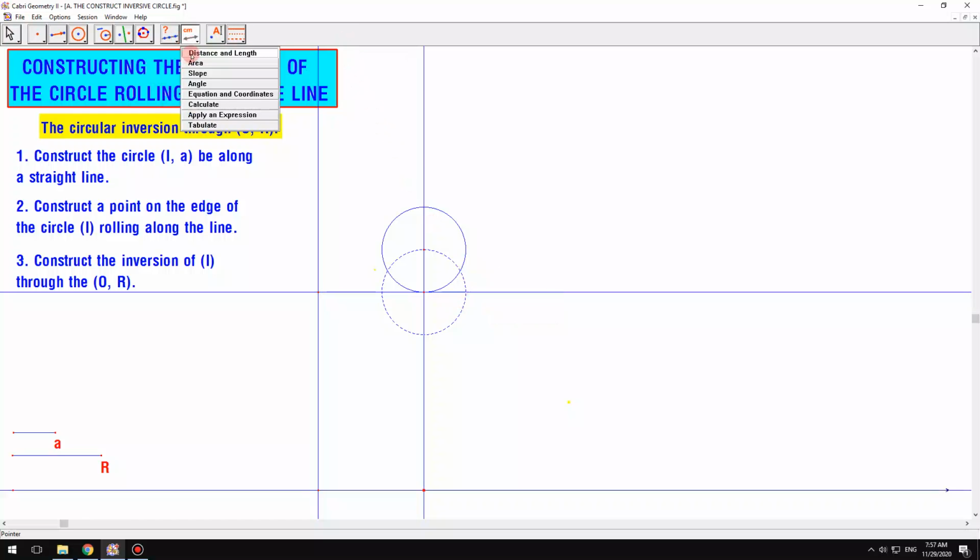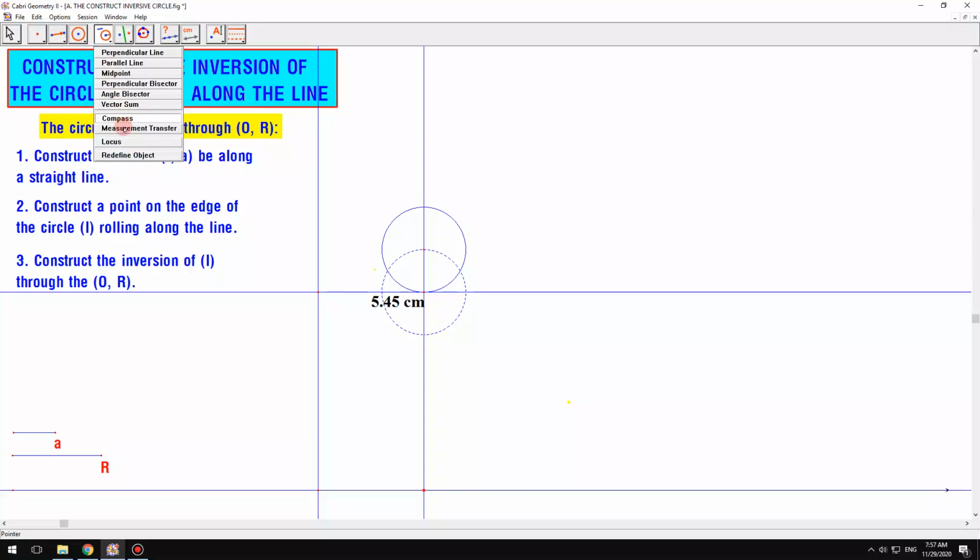Measurement transfer distance from this point on. And measurement transfer this point on the circle by this point. Reflection on will find.